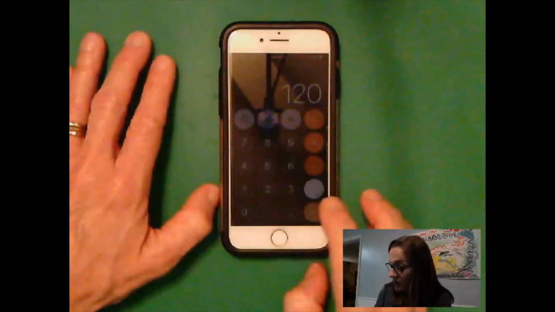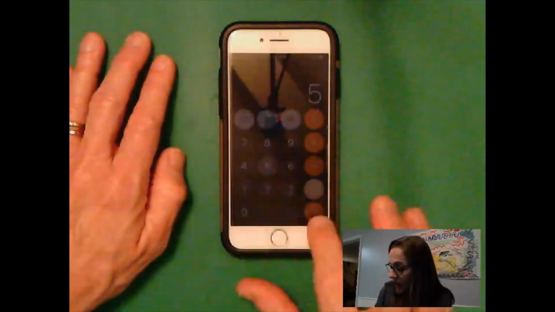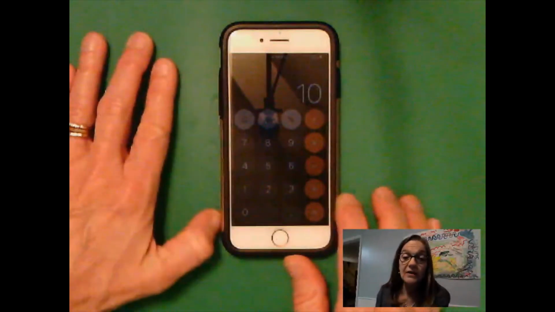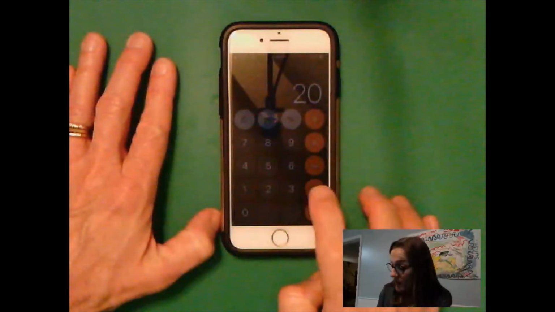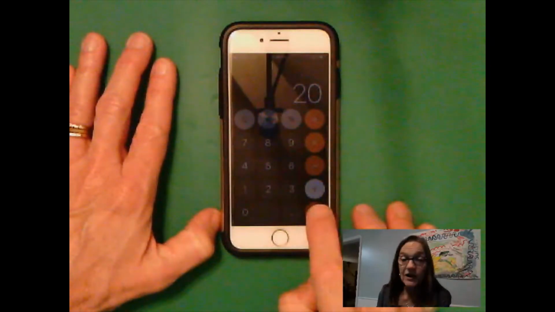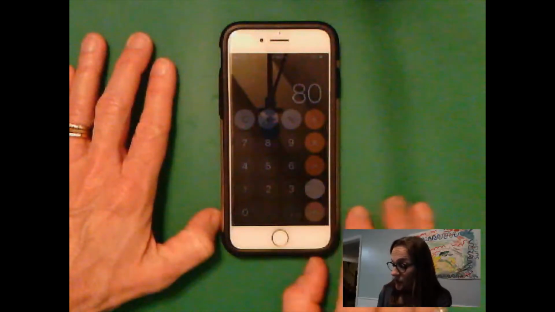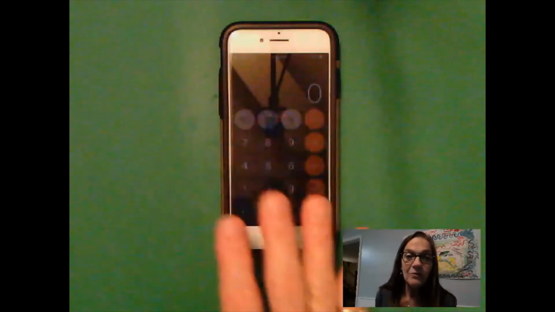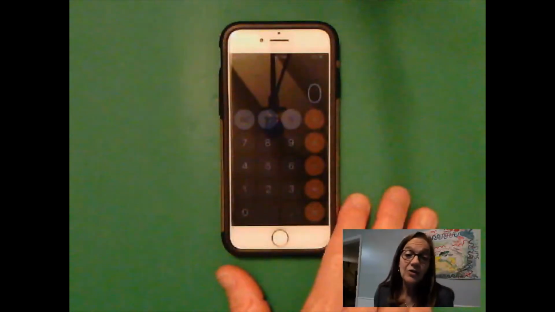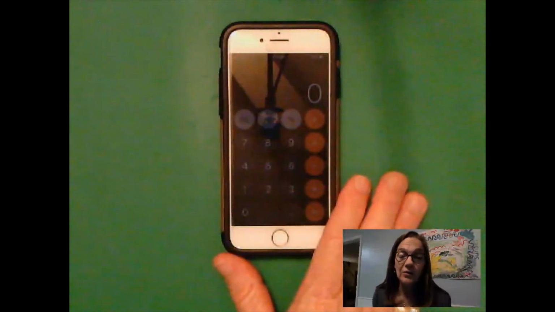You see how that works? So you really have to be careful with a calculator and know how it works. 10 plus 10 is 20, and 20 plus 20 is going to be 40, and 40 plus 40 is going to be 80. So if you have a calculator, play around with it and try to get used to it. And you can do minus, subtraction, multiplication, division. You can do all those on here.